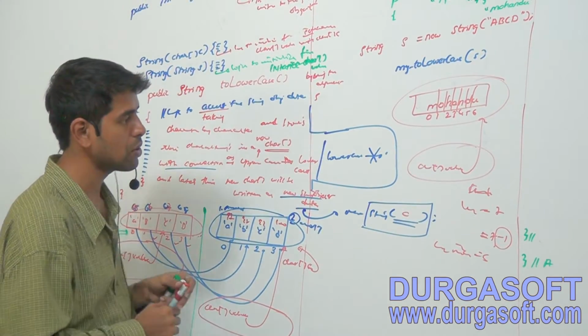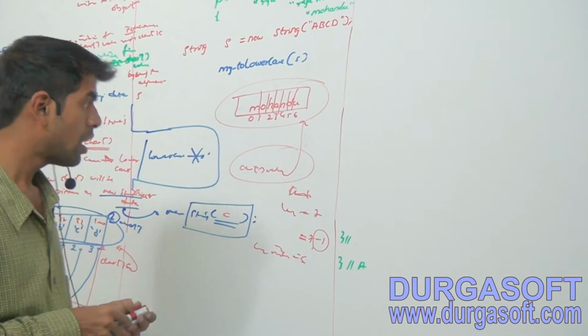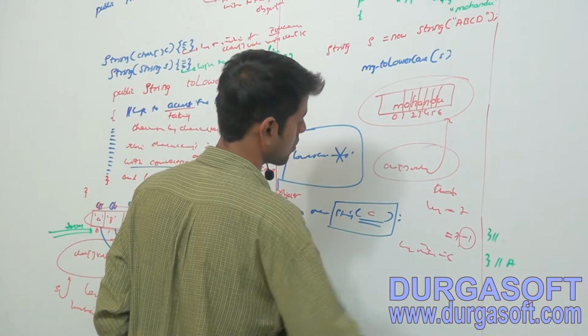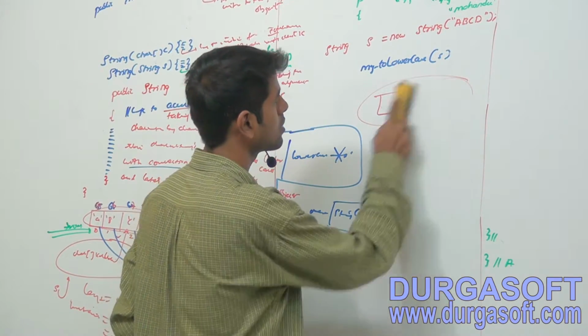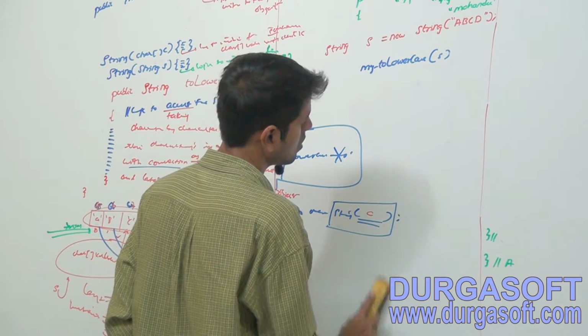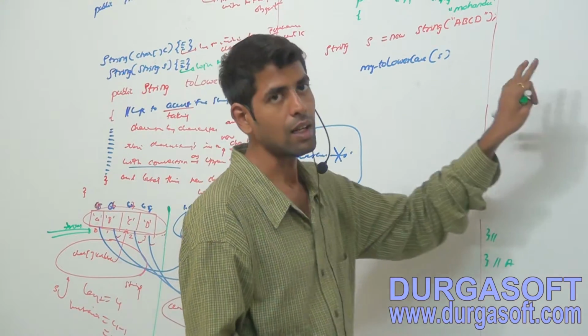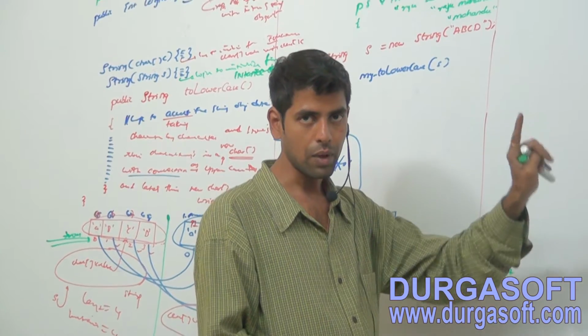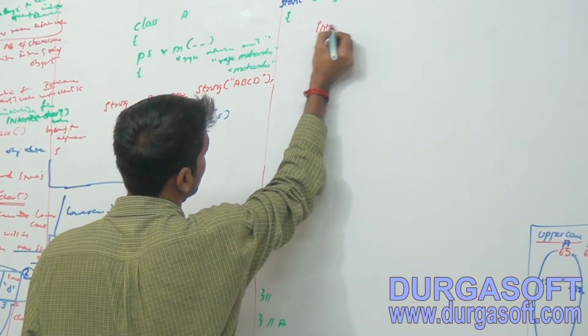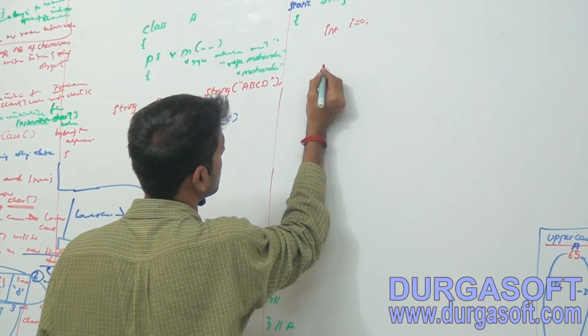Now observe this part, friends. Let's go to our code. Now declare one variable, int i equals 0.